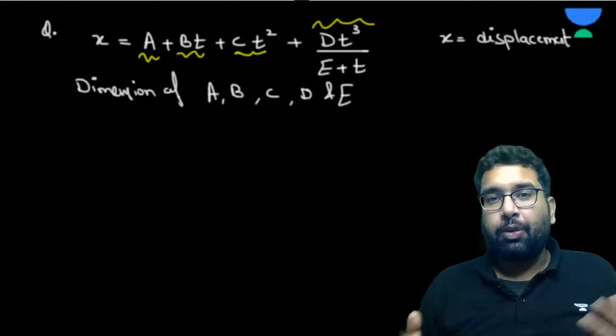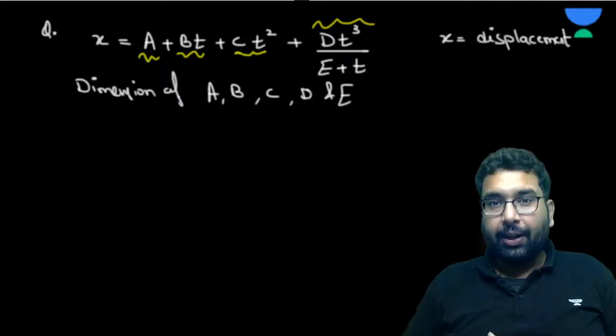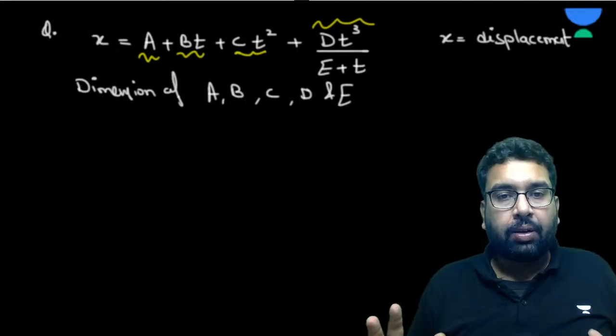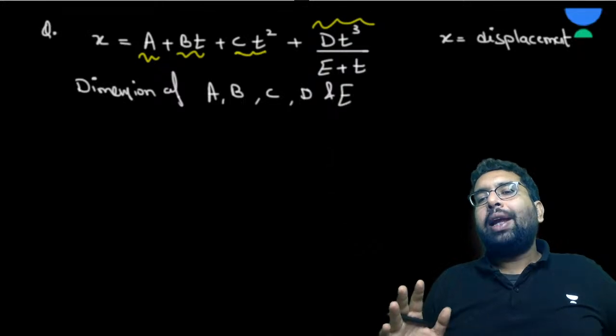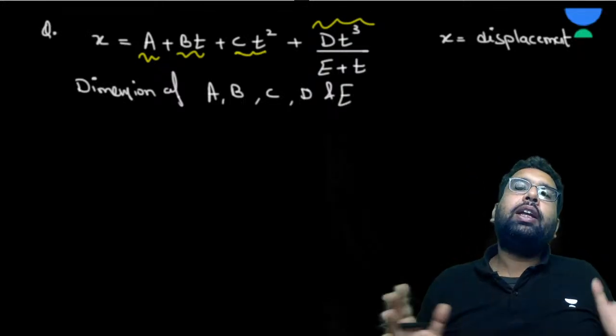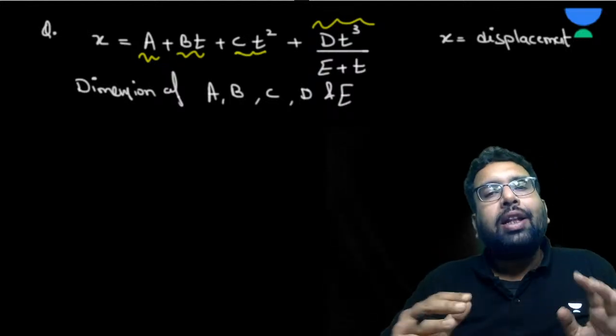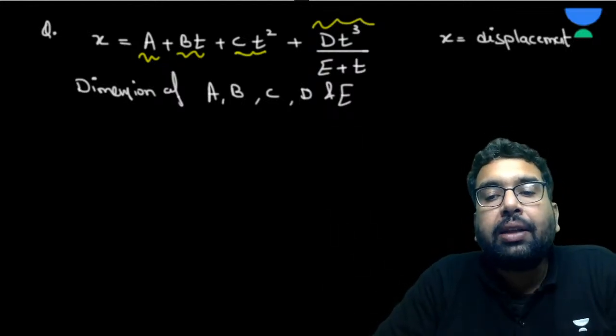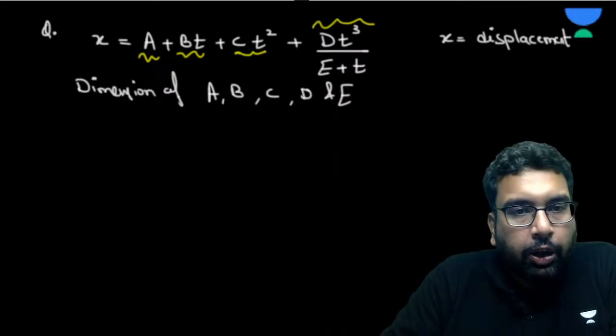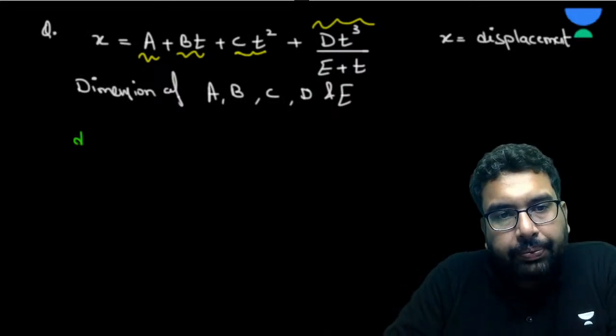How can we add rupees with time, right? So this is a very common knowledge that you can add two things or subtract two quantities only when they have the same unit and hence the same dimension. Okay, so simply see how we have to do it.